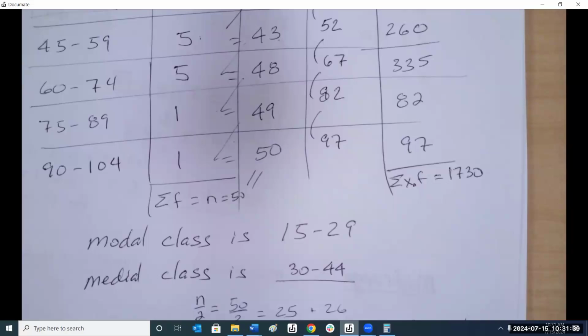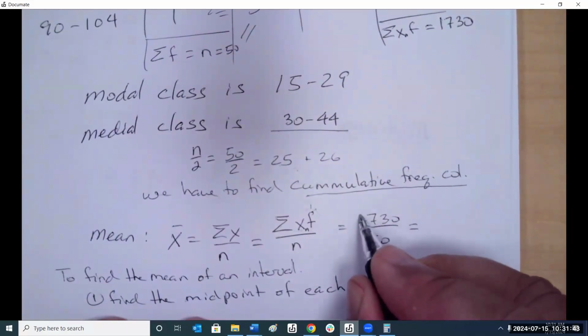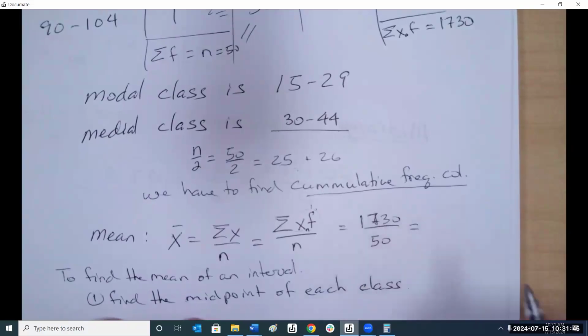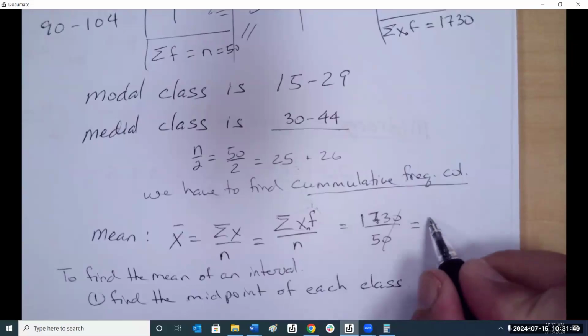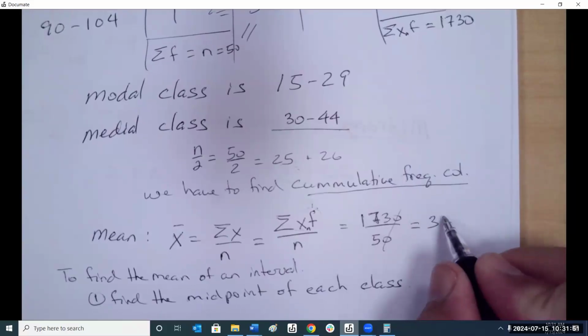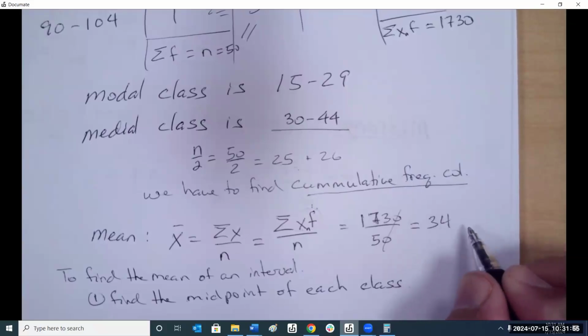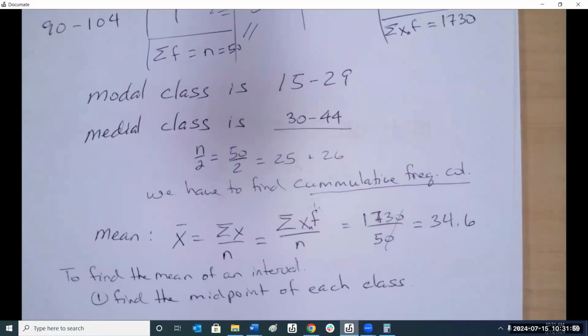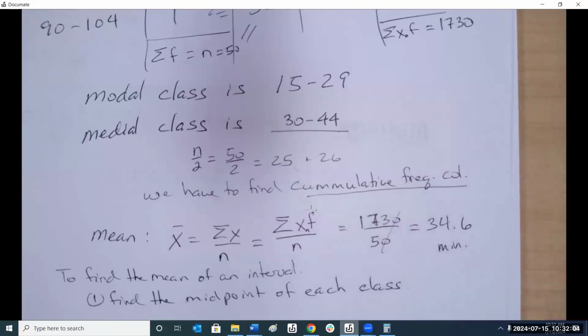Divided by n, which is 50. That's 34.6 minutes.